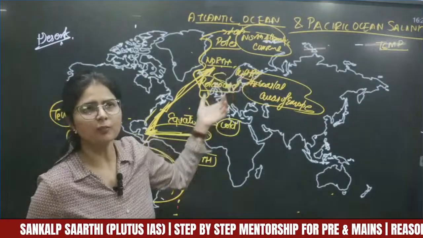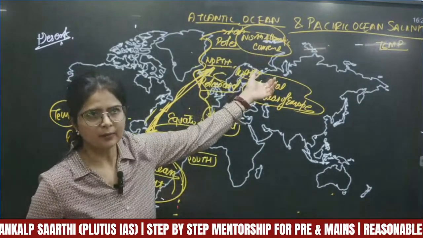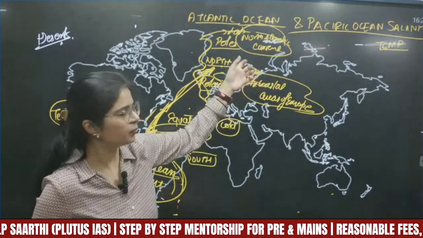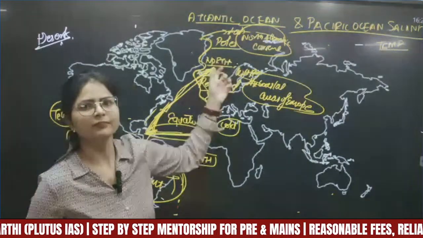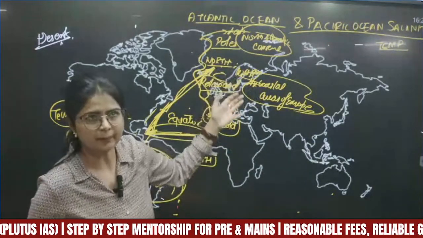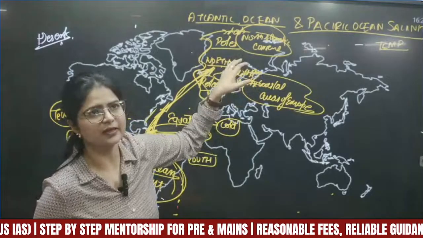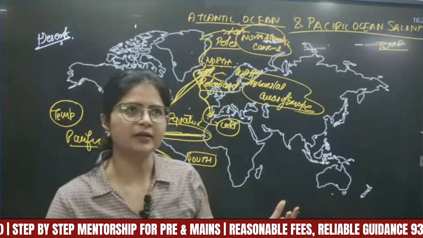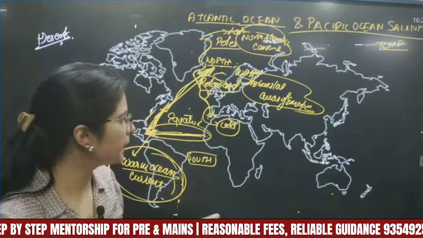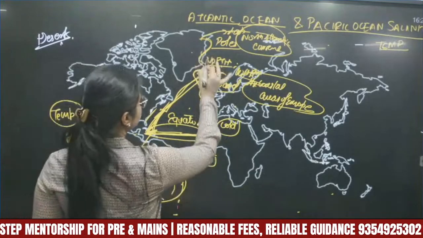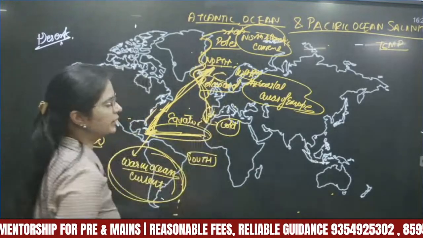Warm. So warm ocean current which is going above polewards, what will happen? It will increase the temperature of the area, and there could be the melting of the ice over there. Okay? And here in the north side it will come down.